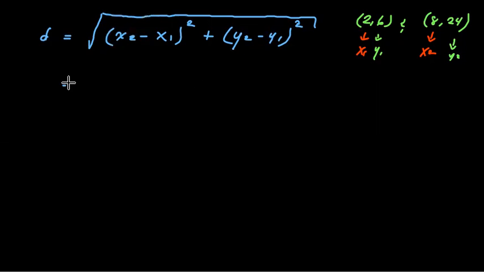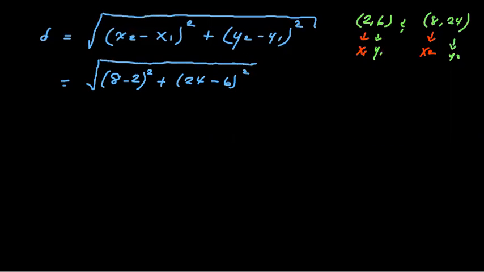So what we have here is x2, which is 8 minus 2 squared. And we're going to add that to y2, which is 24 minus 6 squared. And again, remember, we're taking the square root of all of this.